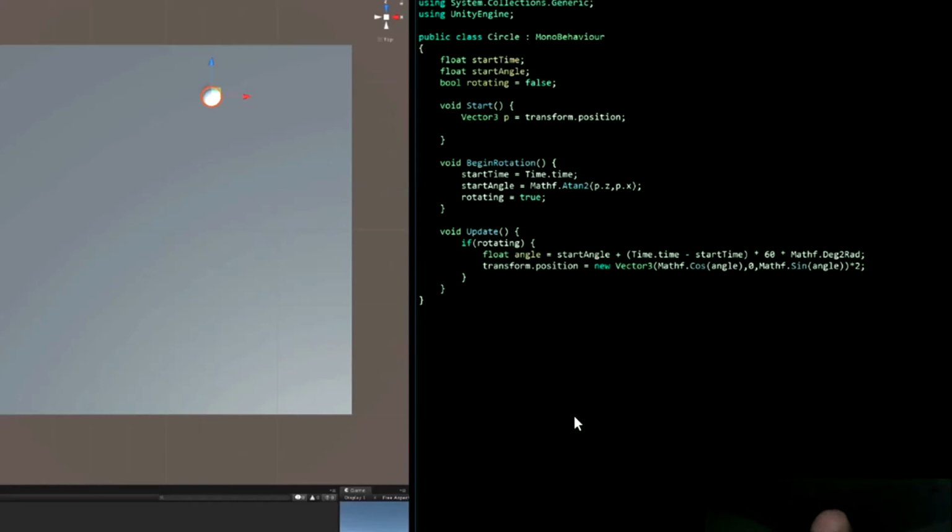Now we need to know when to begin rotation. I'm going to just use, what was it? Invoke. I think, wasn't it? We can do it that way. Invoke begin rotation, 1 second.